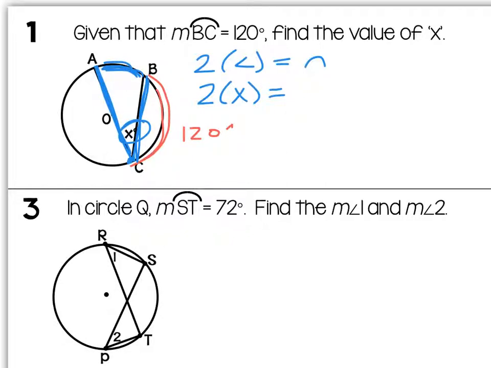This goes back to what we've been doing in class: this is a semicircle, so 180 minus 120 gives me 60 as my actual arc length. And then divide by 2, and I get that x equals 30. So once again, I had to go from the fact that BC is 120 to AB equals 60, and then I can use my formula.